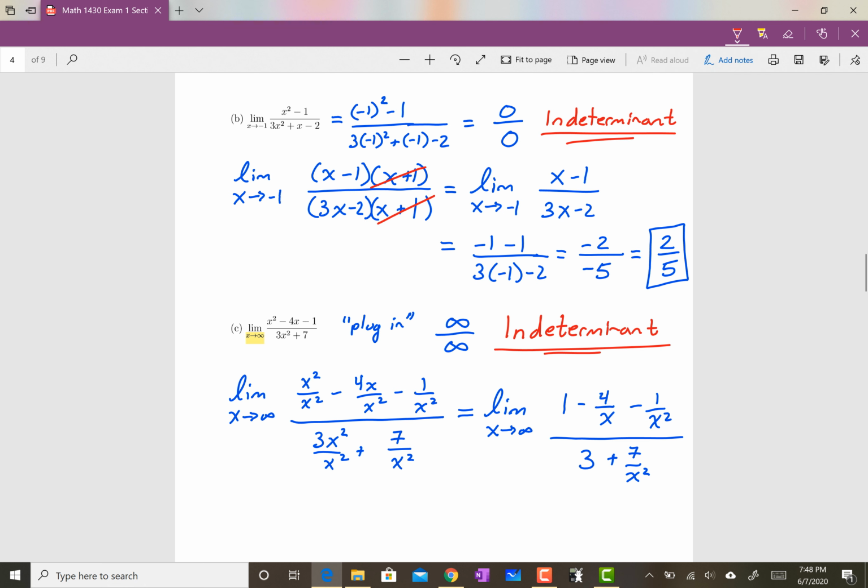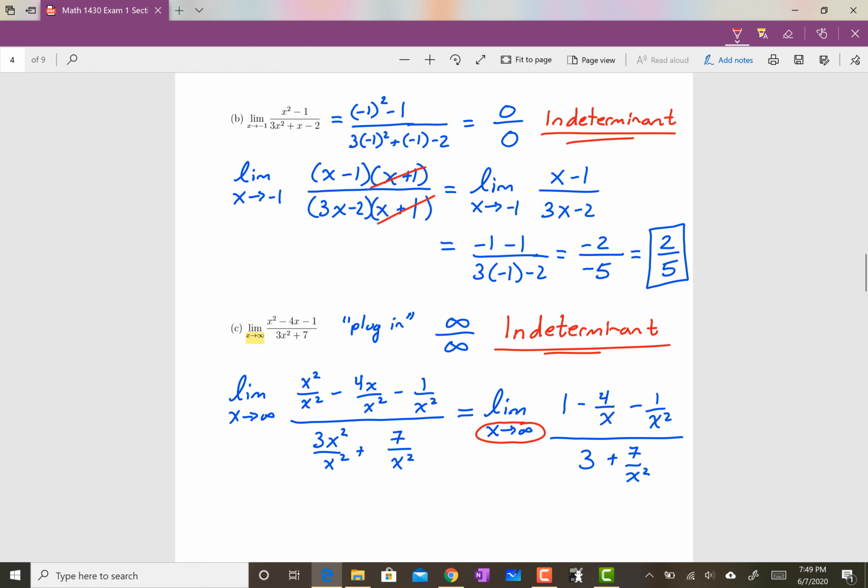So it might seem like we're stuck here, but if you remember, we learned in the text that if we have a number divided by x to a positive power, that value will go to 0 in the limit if x is going towards positive or negative infinity. And this is important, it only works if x is going towards positive or negative infinity.